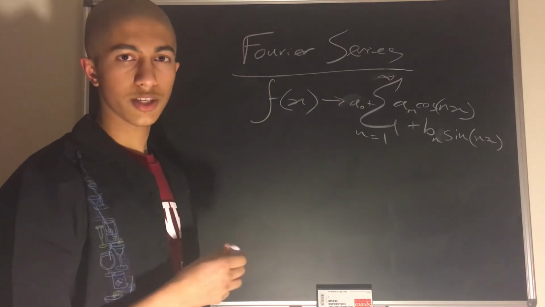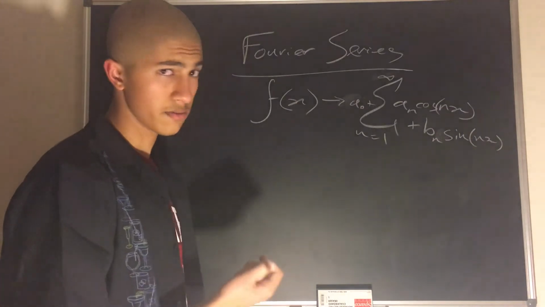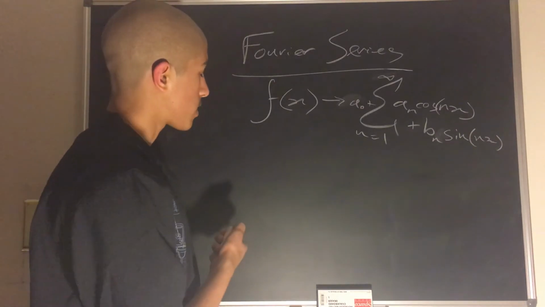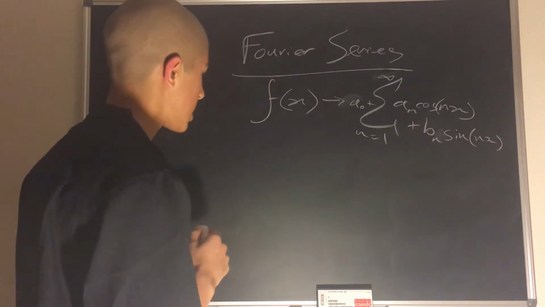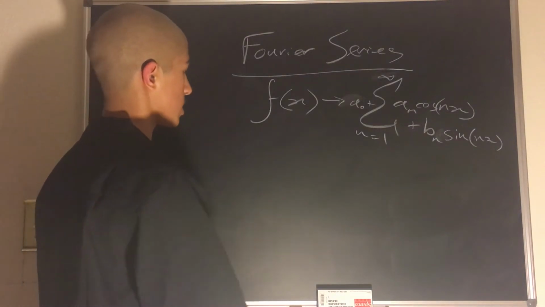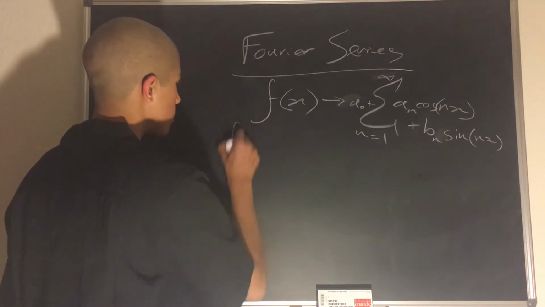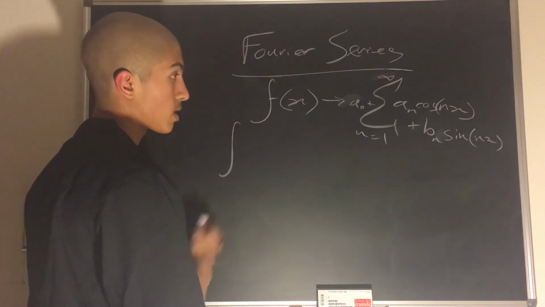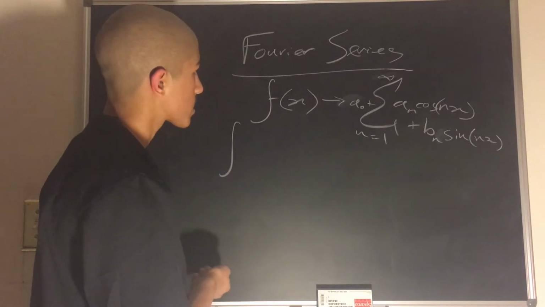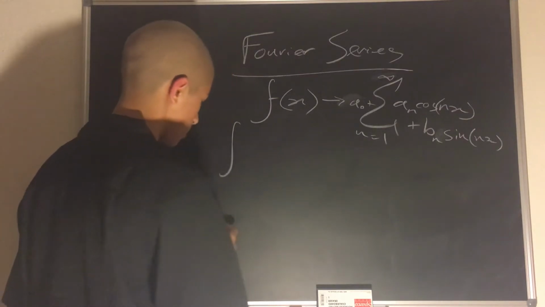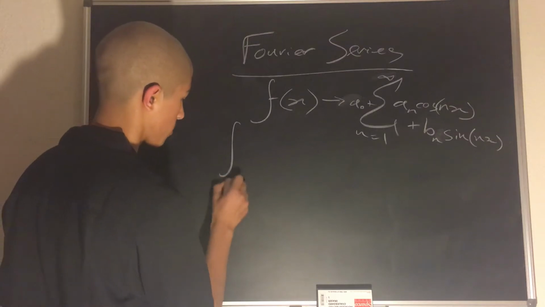And in the Taylor series, you take derivatives and you approximate the function that way. This time we'll be doing something a little bit different. We'll be taking integrals, so we'll be doing the opposite. So now we take the integral from 0 to 2 pi, and we can do this because we said that f of x was continuous over 0 to 2 pi, so then it's Riemann integrable.